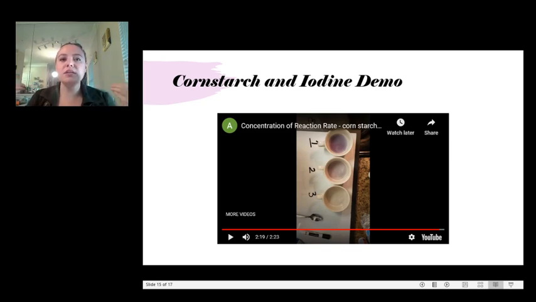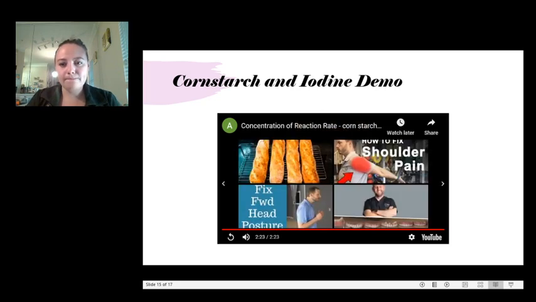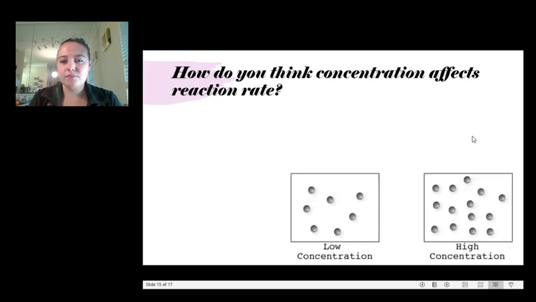So when you increase the concentration, you're usually going to get a faster reaction. That's why you can use a concentrated peroxide to bleach your hair. It doesn't work as well if you use the one that you put on a wound. And so if we look at this, the low concentration has a couple of molecules, and the high concentration has a lot of molecules.